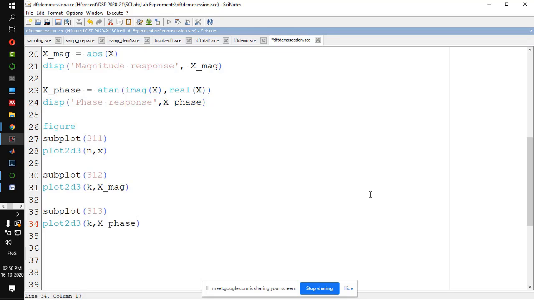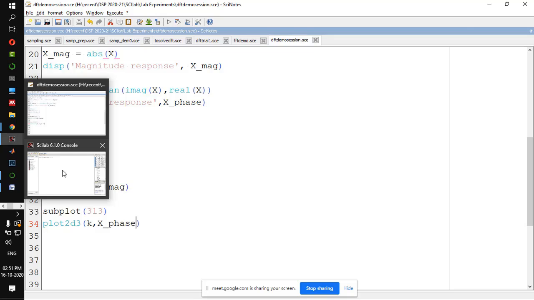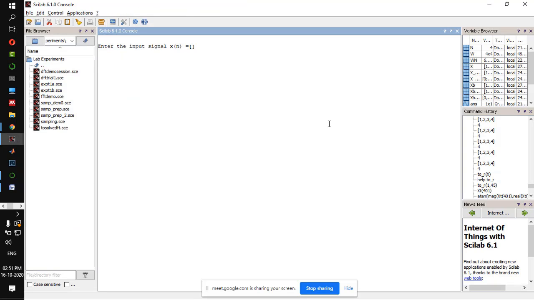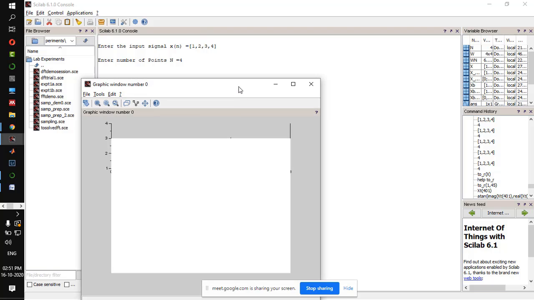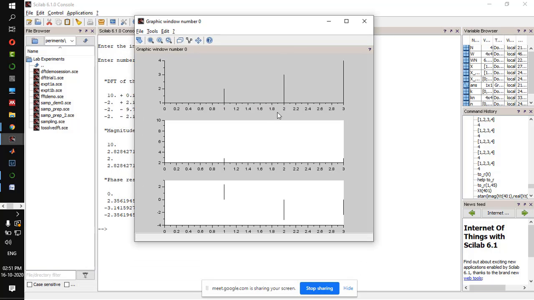Control P. Fine. So if I run it, one, two, three, four. This is 4. So this is x of n, this is the magnitude response of x of k, and this is the phase response of x of k.